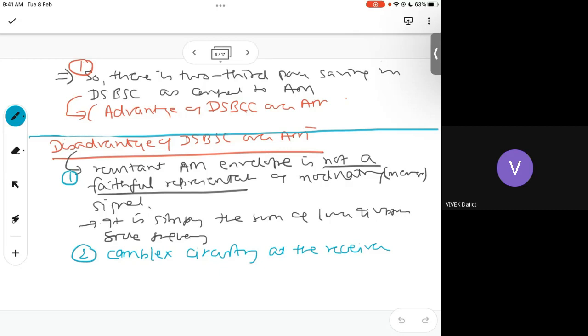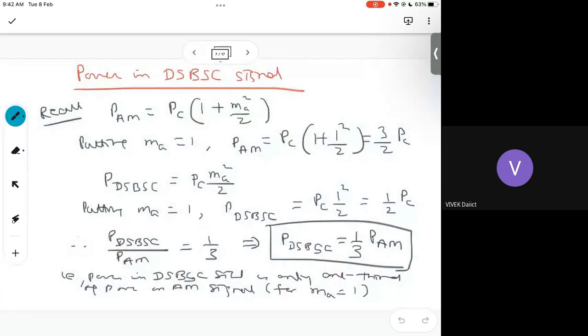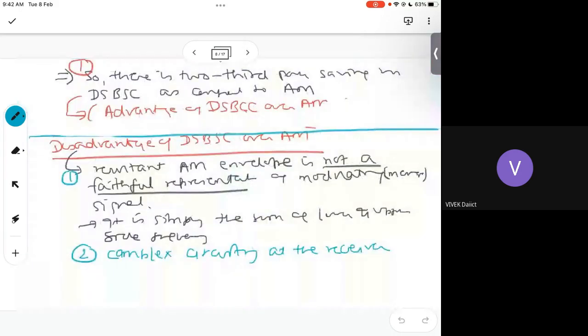So basically here I say the advantage of this double sideband is that your power saved is 2/3 of the power. As we have seen in the previous slide, it is almost 1/3 of the power of the AM. So power in DSB signal is only 1/3 of the power in AM signal for Ma equal to 1. That means 2/3 of the power saving you are getting here.